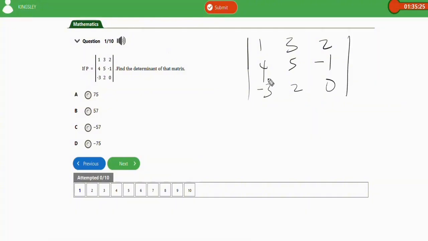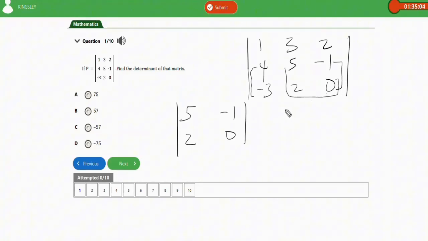Okay, now to find the determinant, firstly, you are going to take these values and bring them here. We have 5, -1, 2, and 0. Okay, bring them this side. Now to get the middle values, you take this 4 and this -3, then take this -1, this 0.